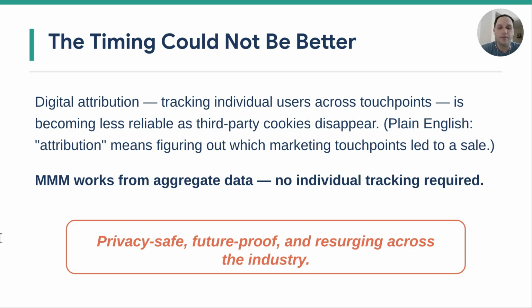MMM doesn't have that problem because it works entirely from aggregate data. Total sales, total spend, market conditions, with no individual tracking required. It's privacy safe, it works across all channels, including TV and offline, and it's having a major resurgence as brands look for a reliable alternative to cookie-based measurement.